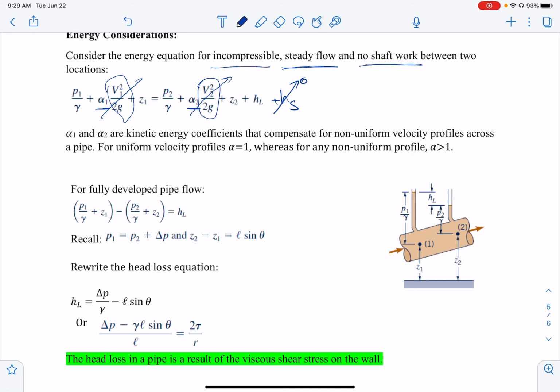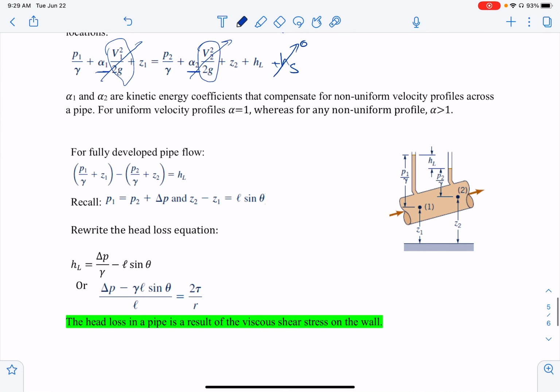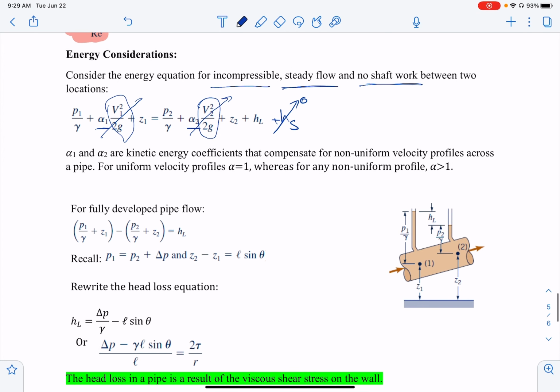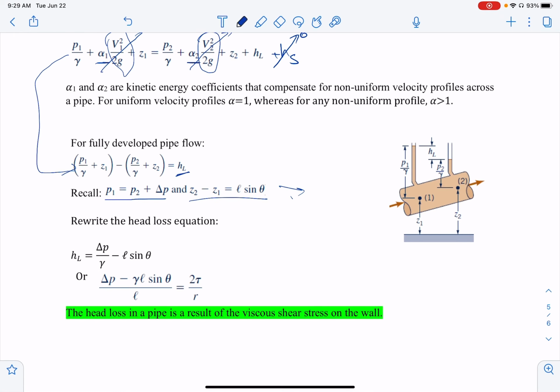Now, what else do we have? If we simplify this equation, we get the head loss here. And this is the definition for delta P that we already know. Also, if we look at the shape, we know how to get Z2 minus Z1.